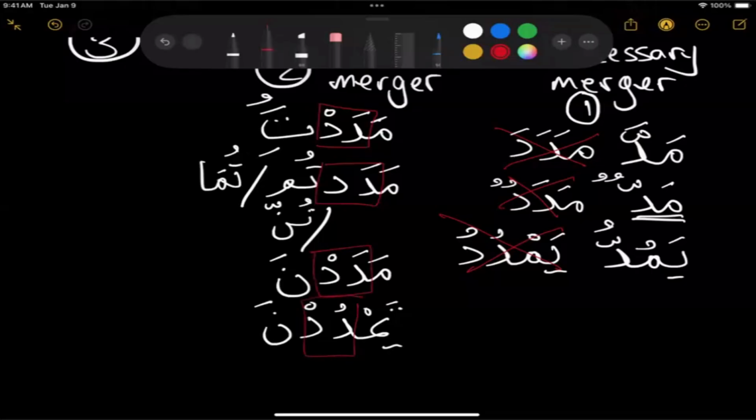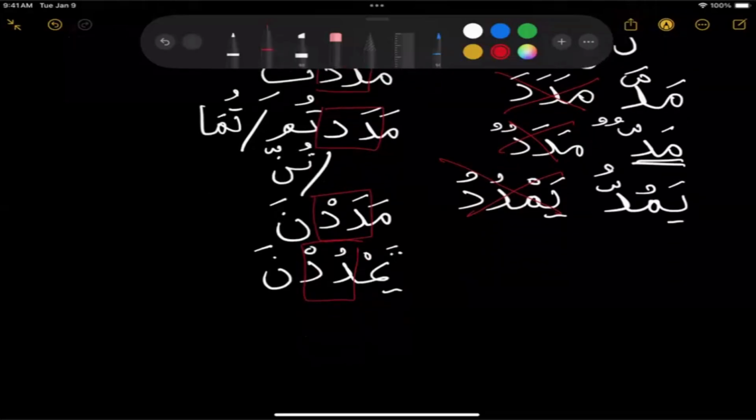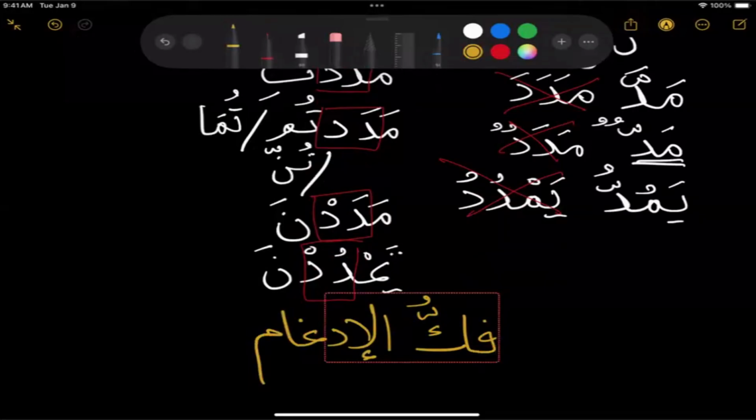What do you call this splitting? This is called fakkul idgham. That means splitting the merger apart. Fak means pull apart, pulling apart, or separating.